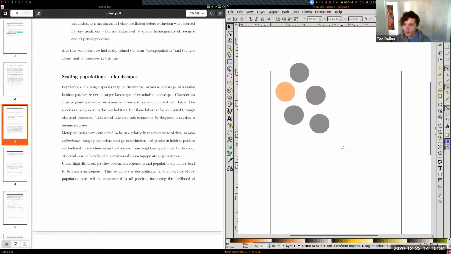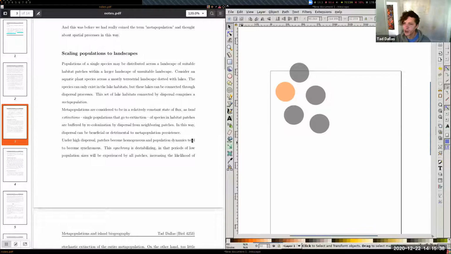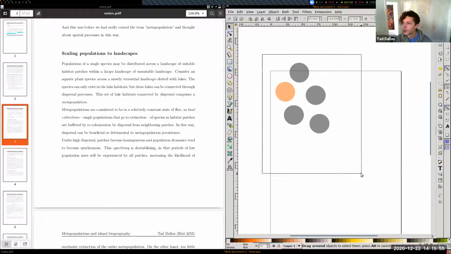Here, I briefly mentioned the concept of synchrony. I'm not sure if I want to go into that now or later, but we might as well go into it now. These metapopulations are connected via dispersal links.